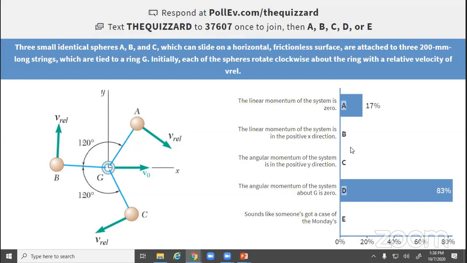The linear momentum of the system is positive in the x direction. Well, if it was 0, then it can't, not if there's a rotation going on. So think about this on the table. You're looking at it from the top and you're spinning like a fidget spinner in a circle, and you let it go.